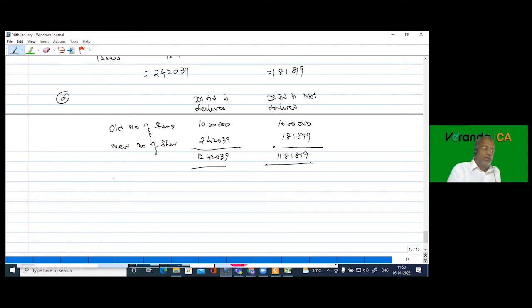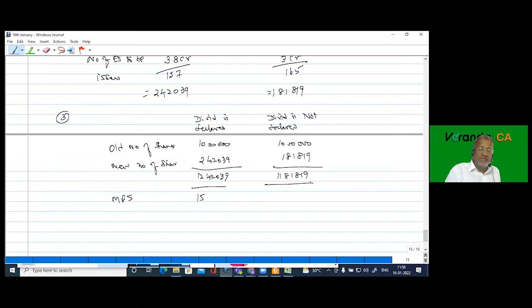The market price per share in this case being 157, in this case 165.